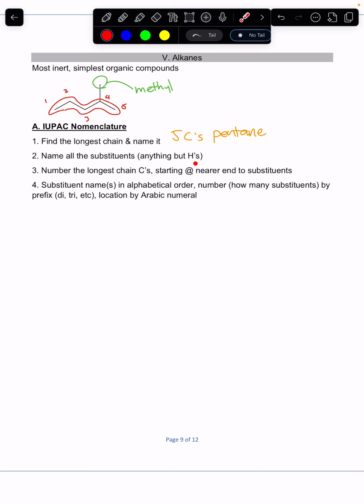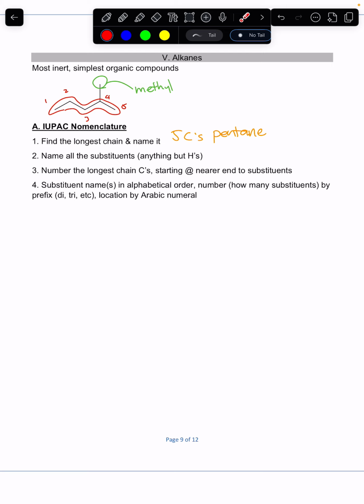We number the longest chain starting at either end, but we want to pick the end that lowers the numbering. Here I first numbered it starting at this end, 1, 2, 3, 4, 5, but that means the substituent position number would be 4, and that's not ideal.